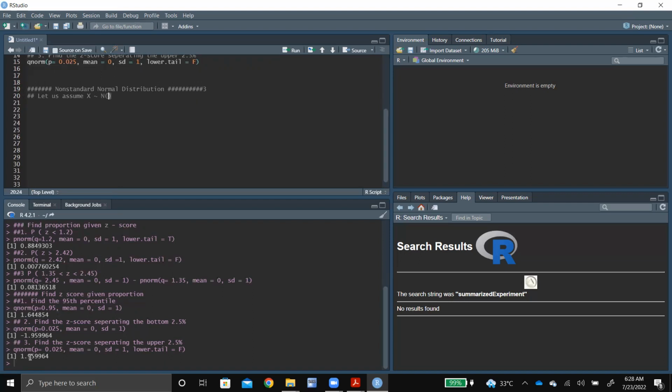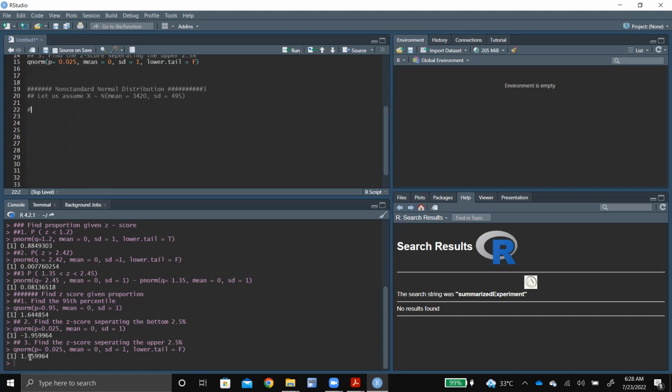Since this is not standard normal, it will have a mean different from 0 and a standard deviation different from 1. We have the mean equal to 3420 and the standard deviation equal to 495 grams. So this is our non-standard normal distribution.